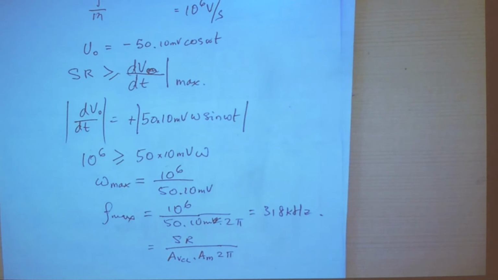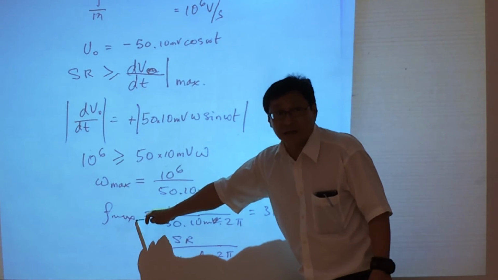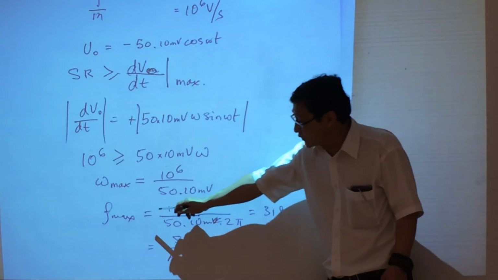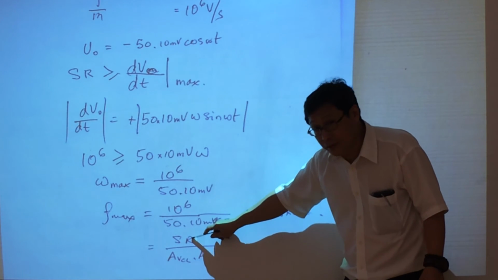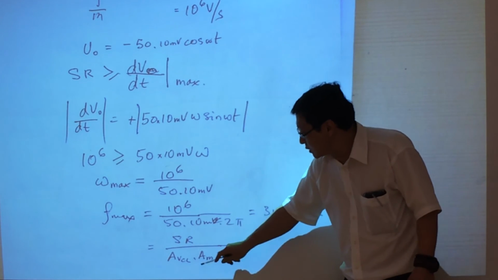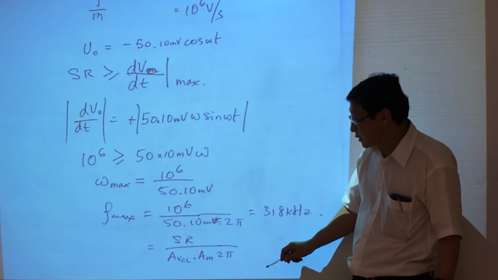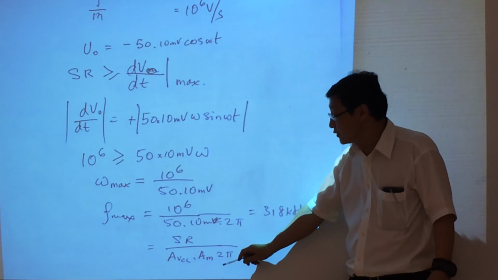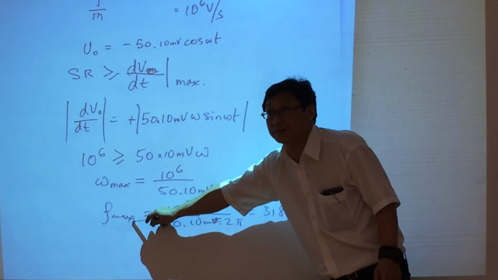So if we look at this, if I keep the input frequency fixed at 318, and I increase the magnitude of the input signal, increase this. Slew rate of the op-amp remains the same. The closed loop gain remains the same. Then it will go into slew rate limitation if I increase this. So if I increase this, I have to decrease the gain because the net must remain the same.